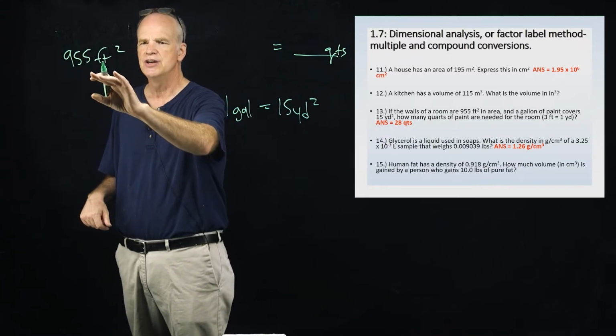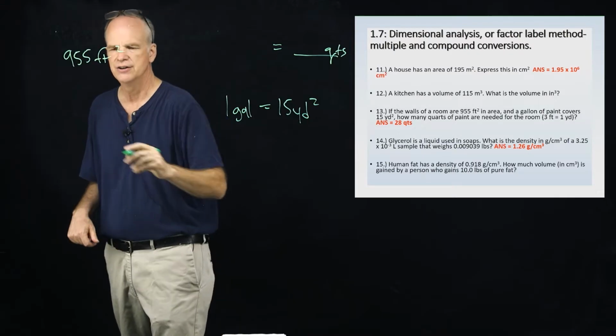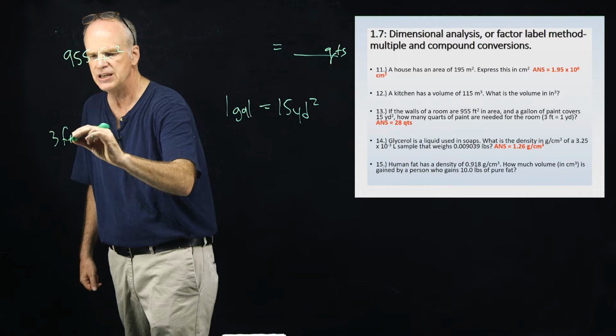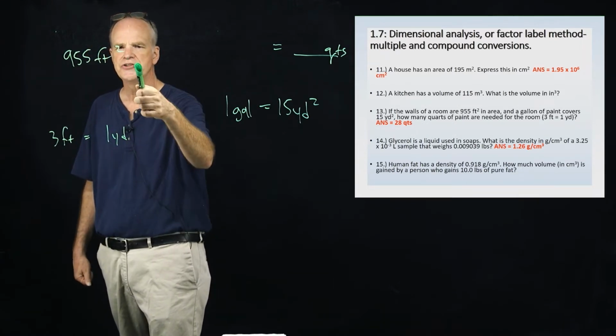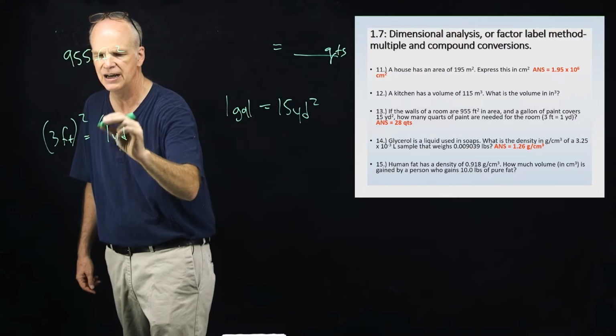So the first thing I want to do is convert 955 feet squared into yards squared. So to do that, I remind myself that there are 3 feet in 1 yard, and so obviously we can't use this conversion here, so what we'll have to do is square both sides.